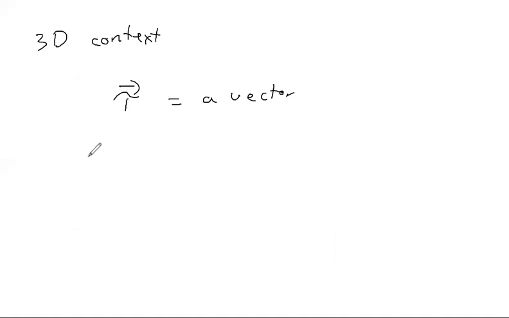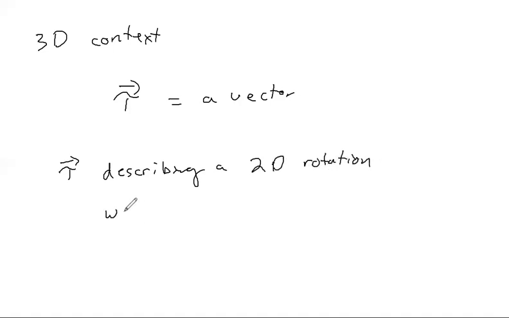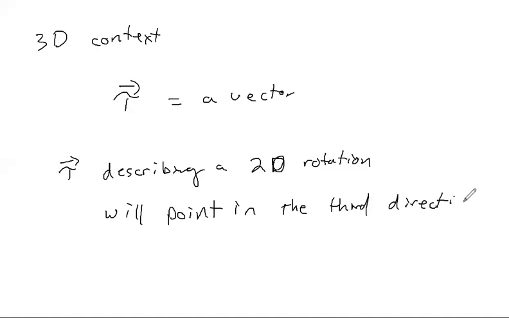Combining that with the 2D problems, a torque vector describing a 2D rotation will point in the third direction, which we will take to be the z hat direction.